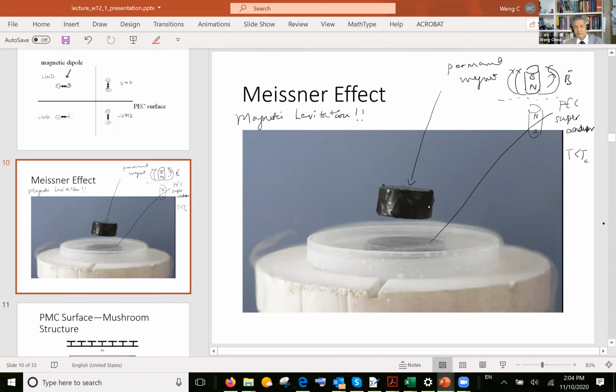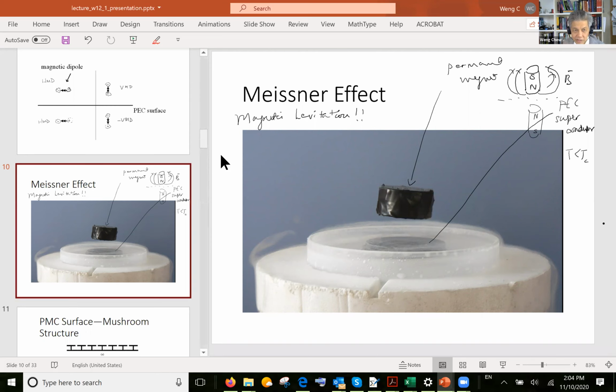I don't know which lab we have. Maybe you can ask around in the physics department to see if you can see this Meissner effect in the laboratory. Okay, so this is really like magic, because there's nothing to hold it up except for magnetic field forces. Any questions on this magnetic levitation?